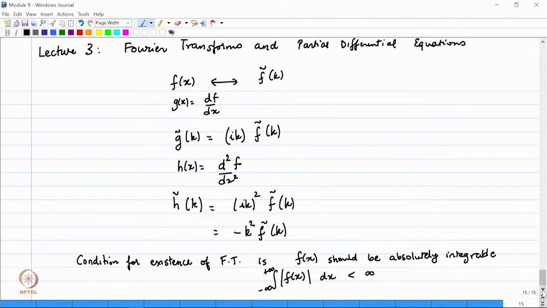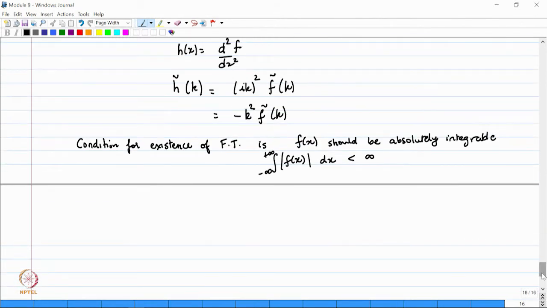It should be finite, and this can happen only if the limit of f of x as x tends to plus or minus infinity is equal to 0. If your function does not go to 0, then you can clearly see that the area under the function will go to infinity.